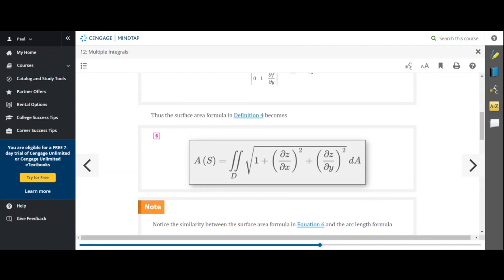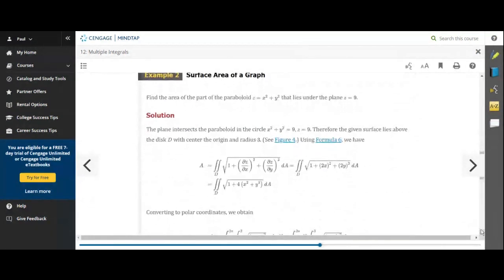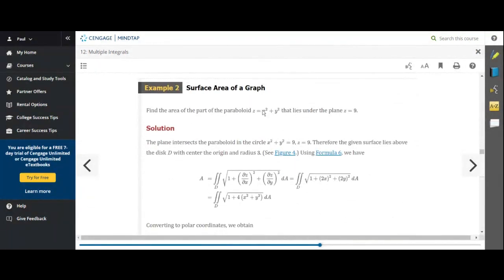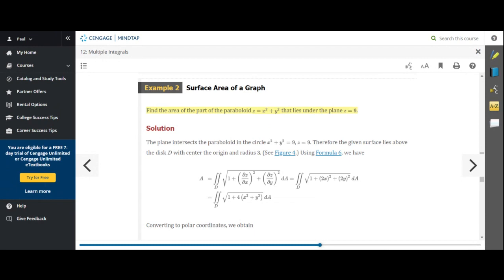Okay, well then let's look at a second example here. Let's keep going. So here they want you to find the surface area of the part of the paraboloid that lies under the plane. Does this paraboloid here in example 2 go up or down?